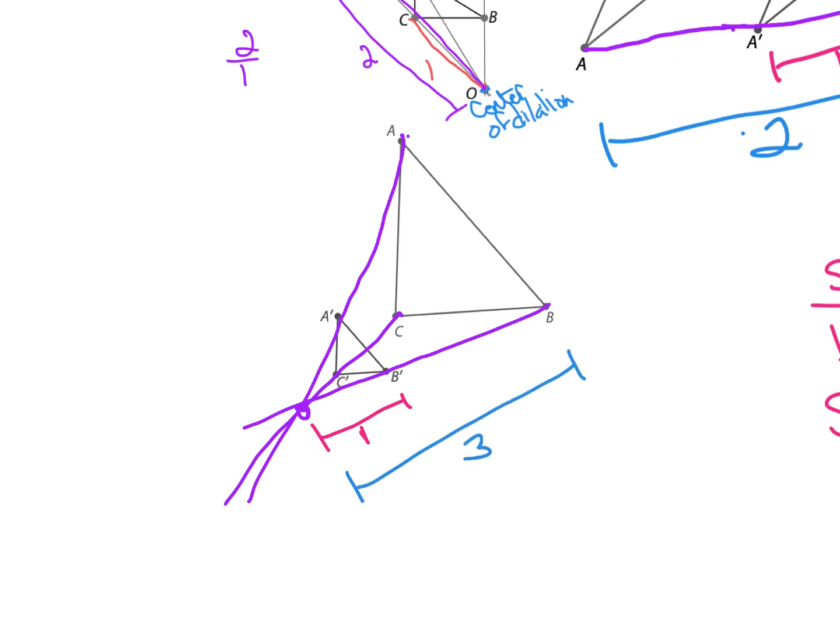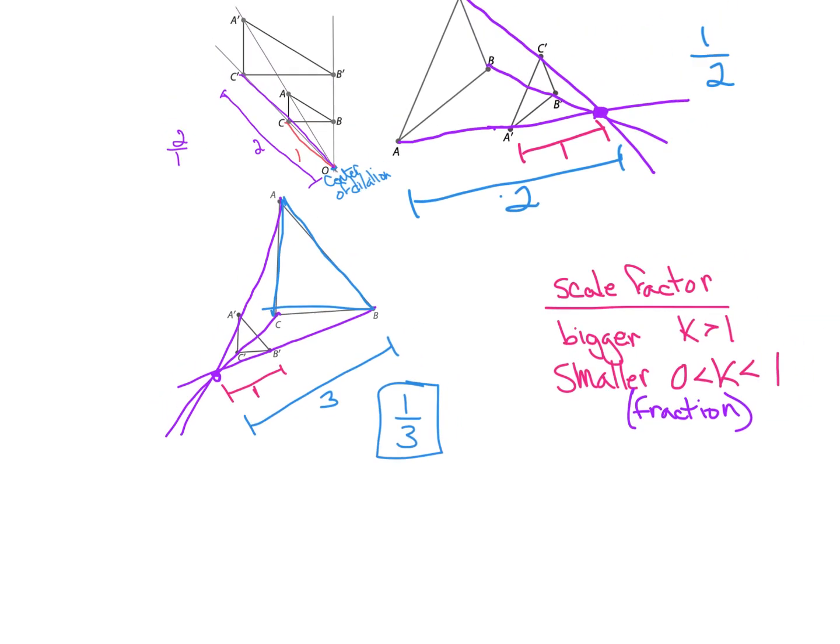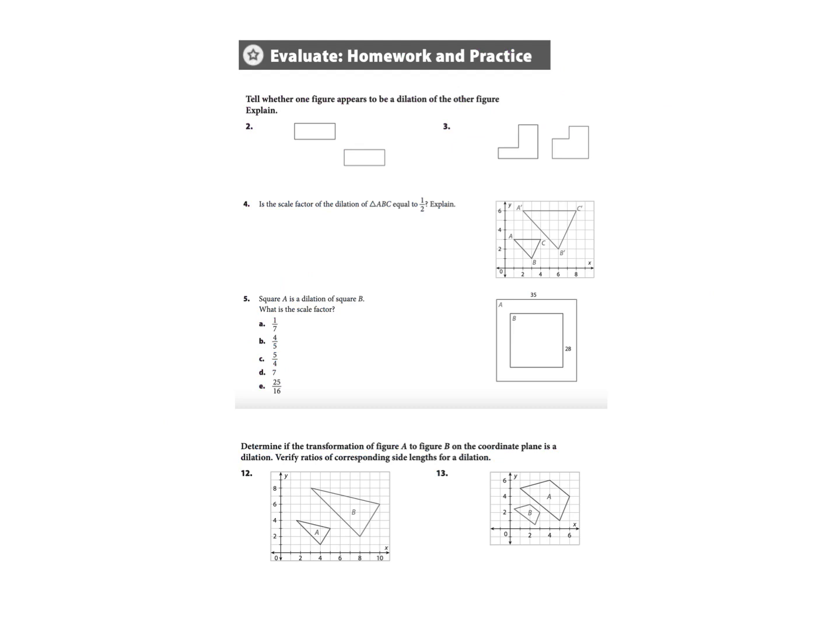Now your first image is the big one. So the scale factor has to be 1/3. It's getting smaller by 1/3. And that's it. That is all for this video.